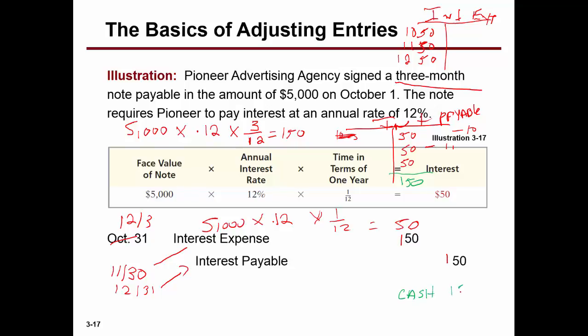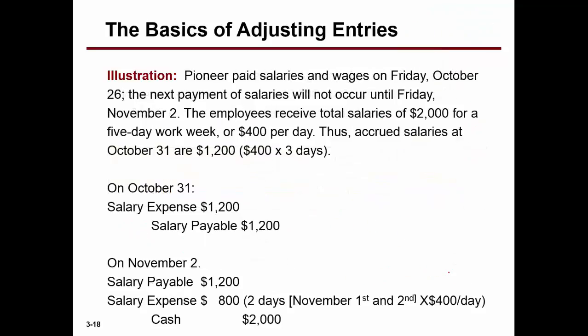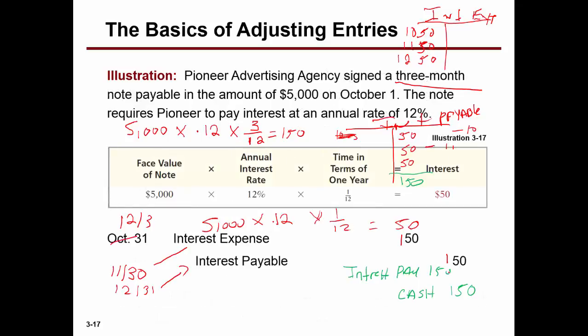Okay, what do you want to debit? Good. Debit the interest payable because we're paying him now, aren't we? Correct. So we're going to debit the interest payable and credit the cash.